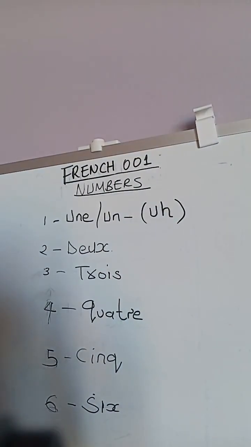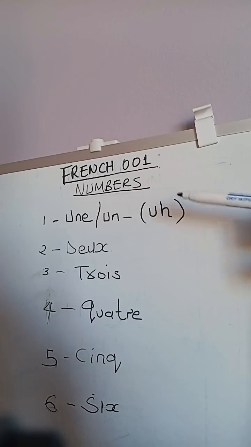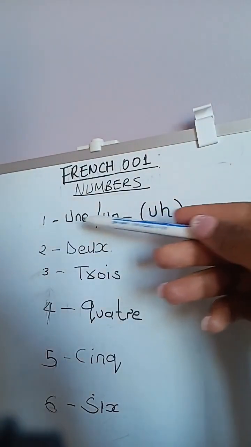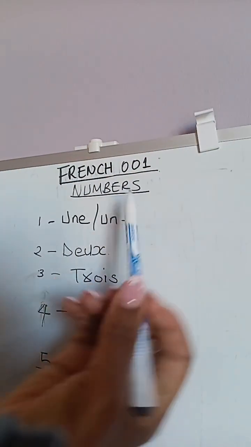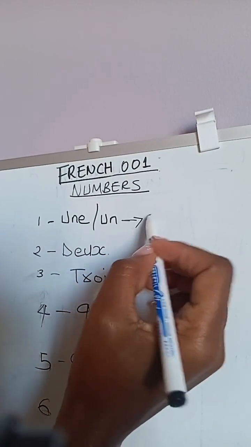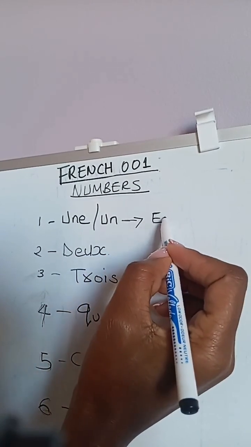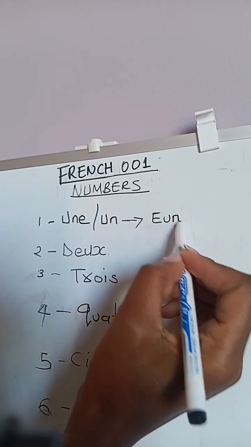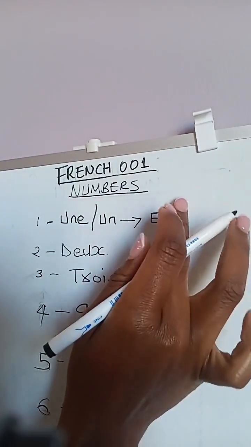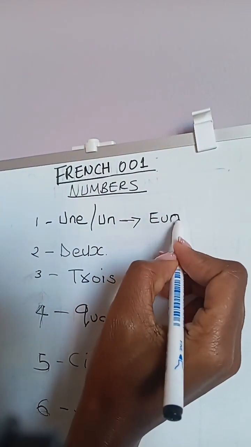Un. Okay? Remember, anywhere that you are, wherever you are seated now, whatever you are doing, just remember to repeat after us, okay? Une. Un. So it's gonna sound something like this. Une.